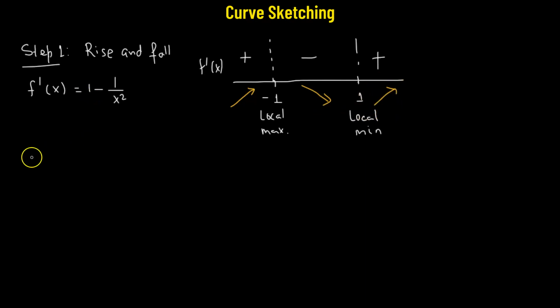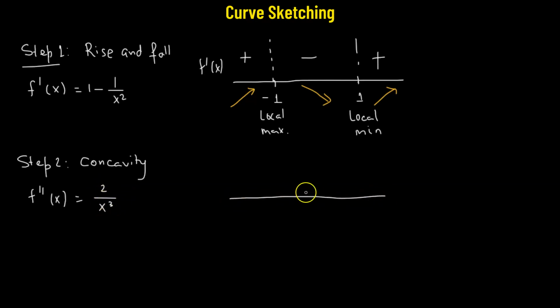Now coming to step number 2. In step number 2, we check the concavity. For this, we require the second derivative, which is simply 2 over x cubed. We found that there is one possible inflection point, which is 0. So we'll find the sign of our second derivative for values of x less than 0.